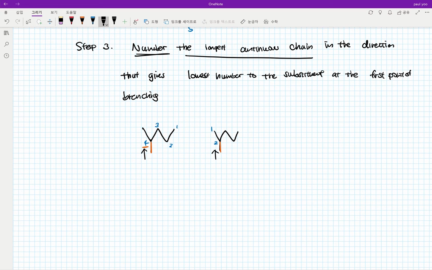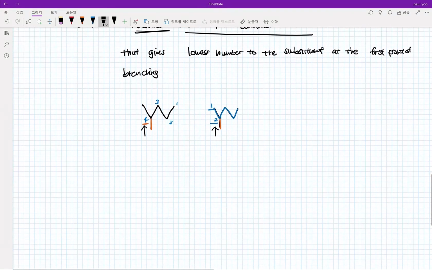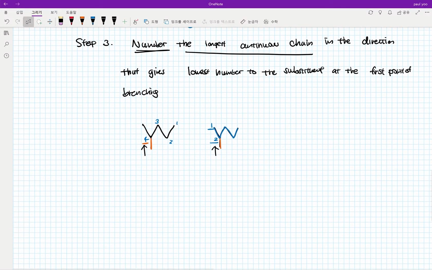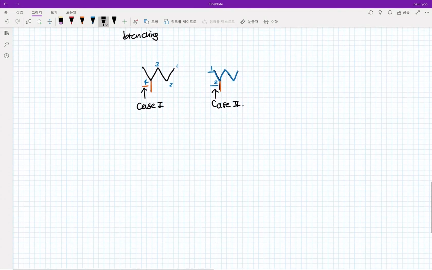So our parent chain, labeled in blue, should start counting from the first carbon on the left so that we have the lower number 2. In case 2, the methyl group is attached to the second carbon, and in case 1, the methyl group is attached to the fourth carbon.